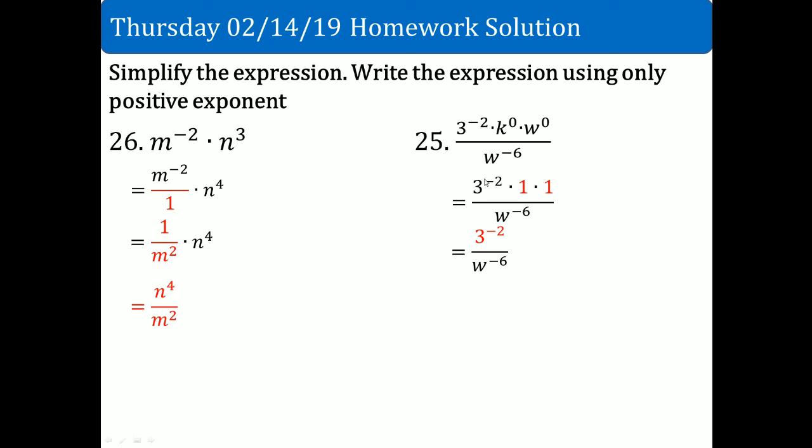This is a negative exponent, this is a negative exponent. This is on top, so it's going to go on the bottom. So the 3 to the negative 2 is going to go to the bottom. w to the negative 6 is going to go on top. In the process, the sign changes. w to the negative 6 goes on top and becomes w to the 6th power. 3 to the negative 2 power comes down and becomes 3 to the 2 power on the bottom.